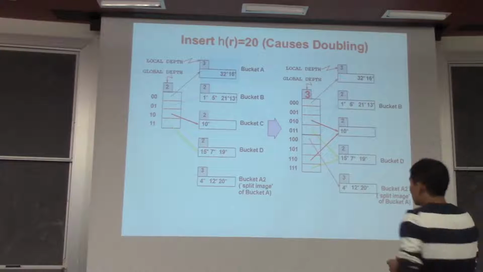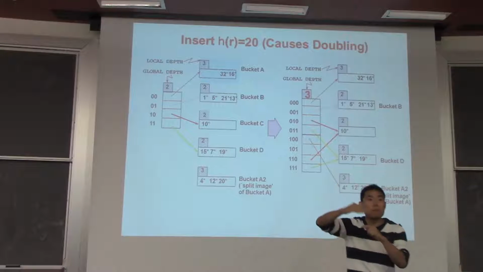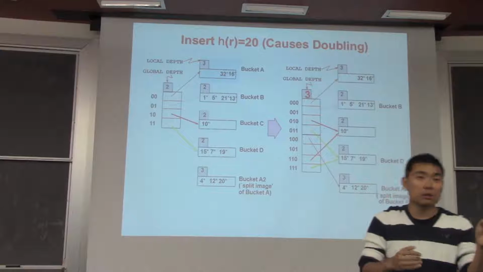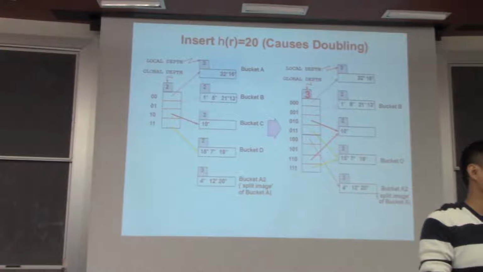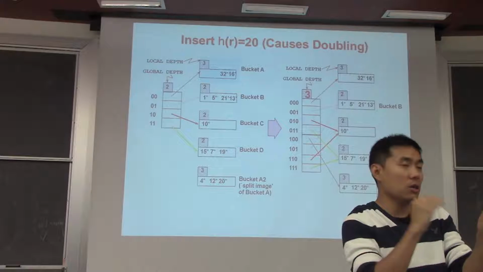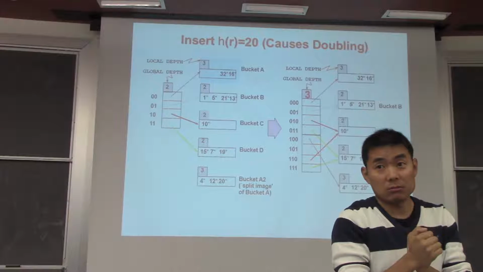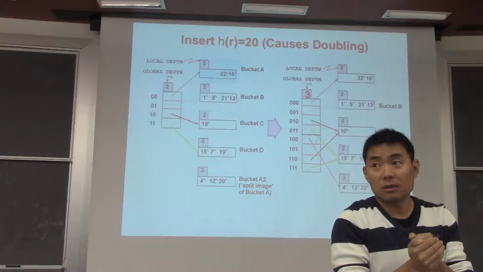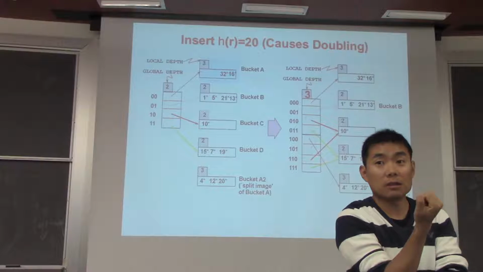One thing you need to pay close attention to is that not only are you doubling the number of directory entries each time you increase the global depth, you are also increasing the number of bits needed for each directory entry after the doubling operation. So it actually grows more than doubling space-wise.